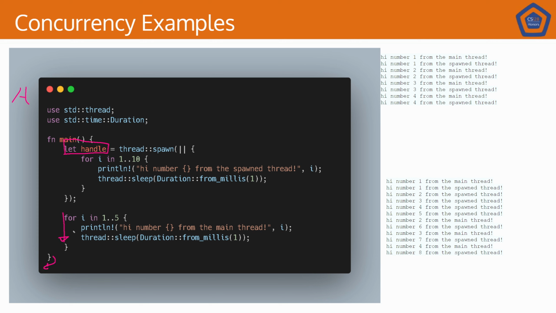When we leave this function, we drop the handle. When values go out of scope, they are dropped, as we remember from ownership. And when we drop a thread handle, the thread is killed, so the thread no longer executes because we no longer have any place to receive what it might send. Of course, there is a way to get around this, which we'll look at in just a moment.